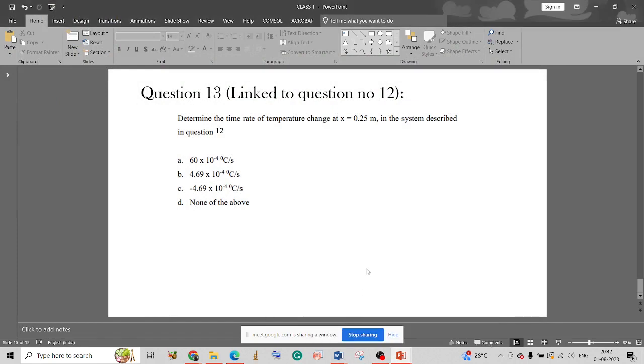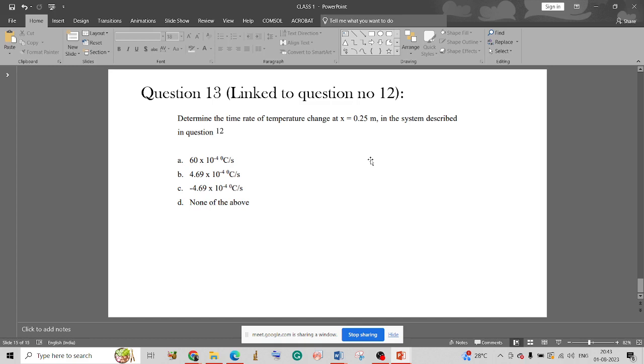We just have to find out the time rate of temperature change, that is del T del t. What do we need to apply to find that? Think about where del T del t is found. We just have to apply that equation, and directly we can find del T del t. We have to find it at x equal to 0.25, not at x equal to 1.